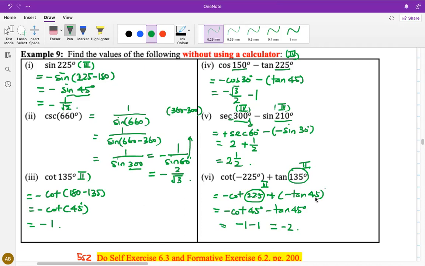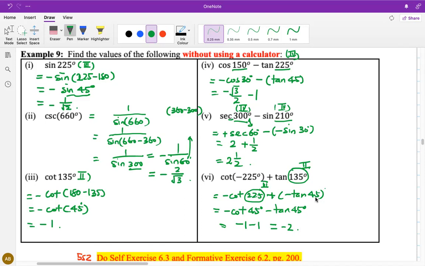Secant is 1 over cos 300, minus sine 210. So you get 5 over 2, which is 2.5. Then cotangent is 1 over tangent, negative 225 degrees, and then plus tangent 135 degrees, so you get negative 2, correct?